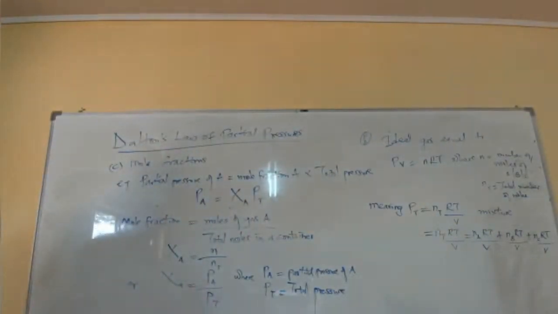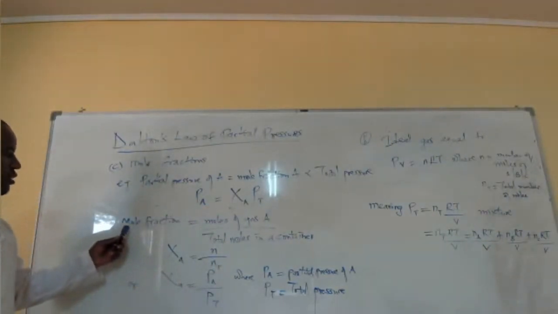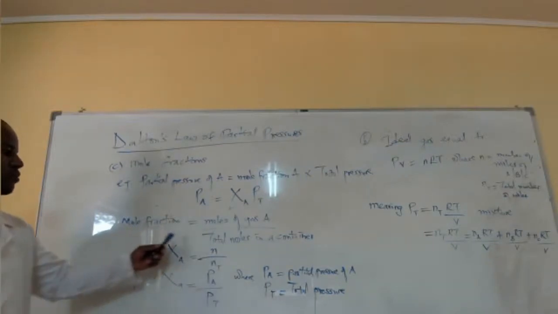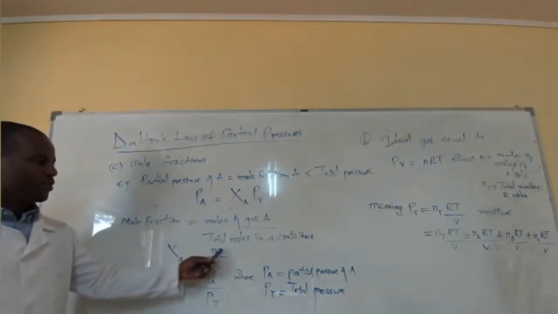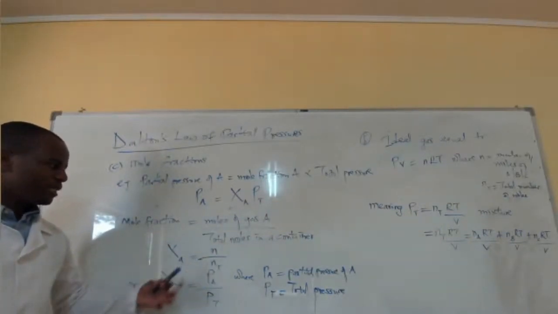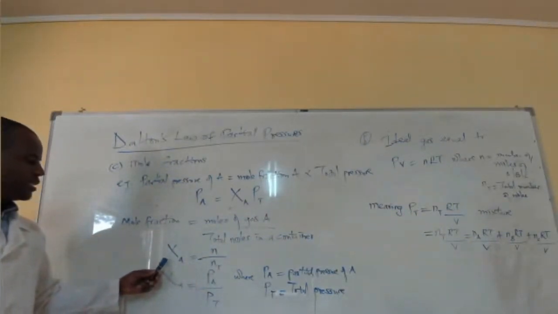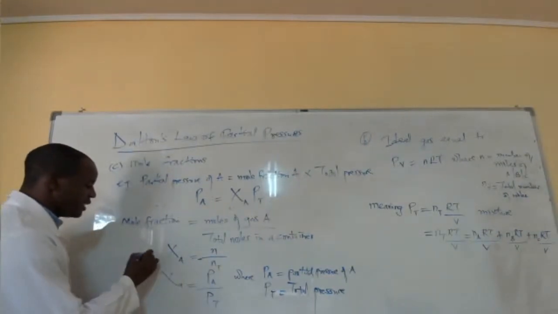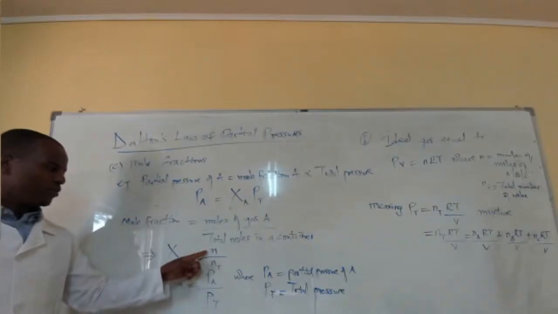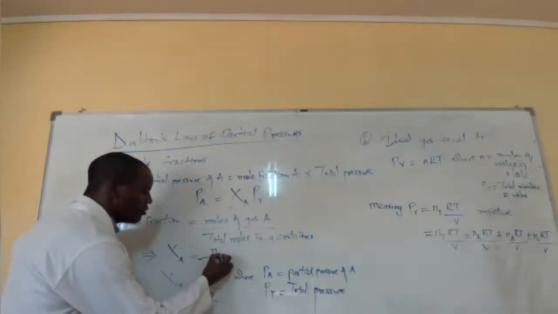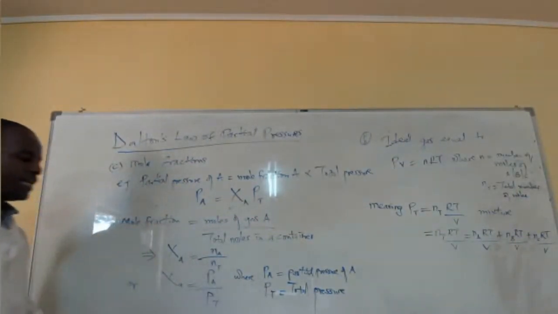So here what we are saying is that you can calculate the mole fraction from the number of moles of gas A divided by the total number of moles within the container or the mixture. That is the mole fraction, abbreviated as X of A, which is the number of moles of A divided by the total.